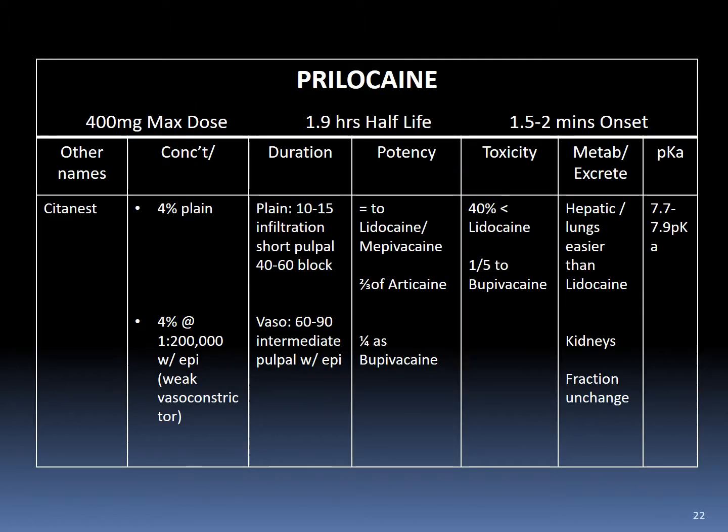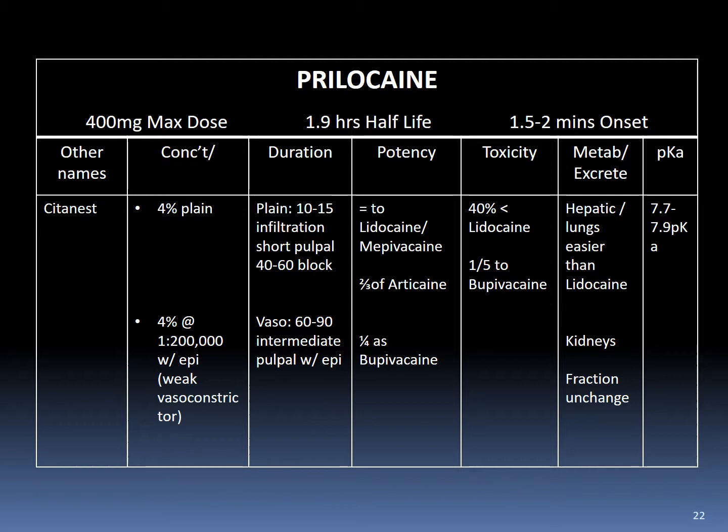Let's take a look at the chart of prilocaine. Prilocaine is a very good drug, and you have a high dose at 400 milligrams with a half-life of almost 2 hours. The drug has a very fast onset time. Citanest is the brand name that we purchase. It comes in 2 concentrations, 4% plain and 4% with a 1 to 200,000 vasoconstrictor, which makes it a very weak concentration.